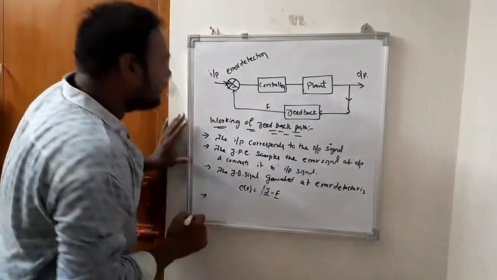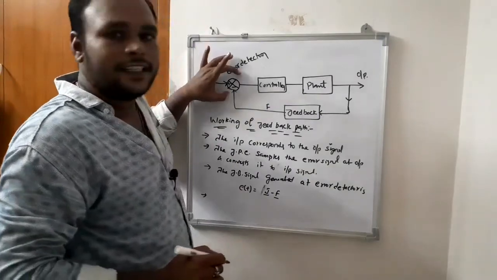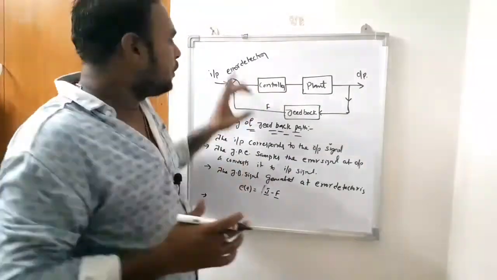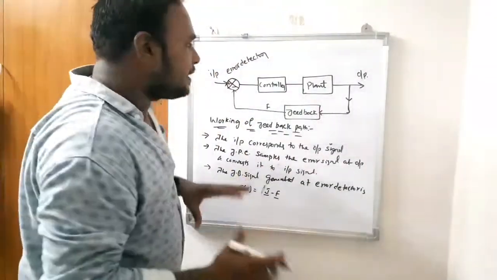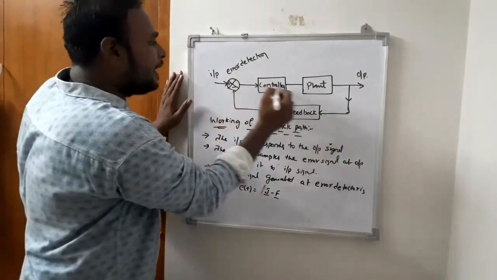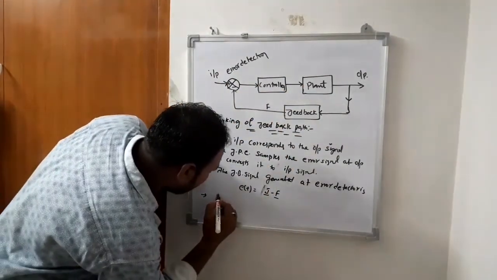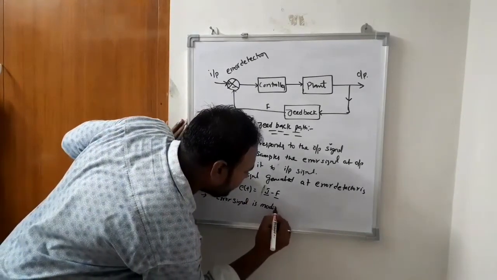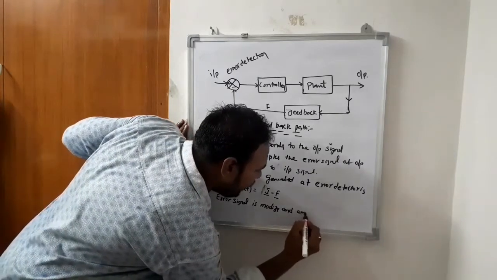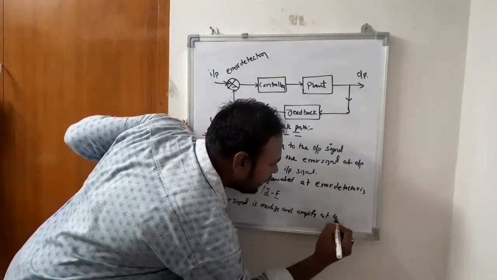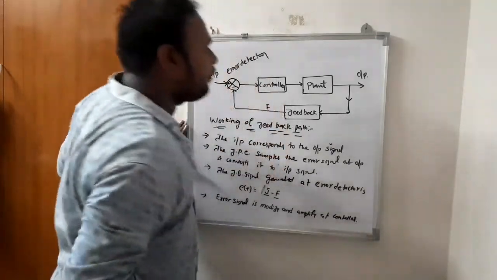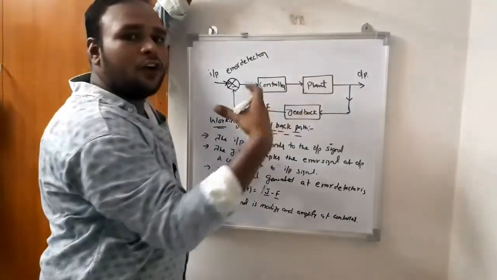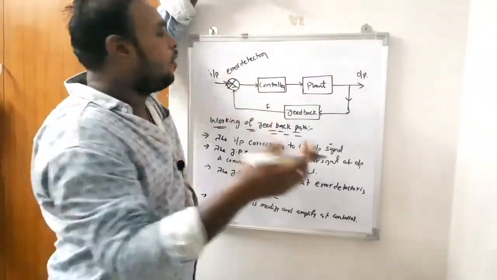The final point is that the signal generated at the error detector is modified and amplified by the controller. The controller amplifies and modifies the error signal generated at the error detector. Finally, the controller gives the modified signal to the plant to correct its output.